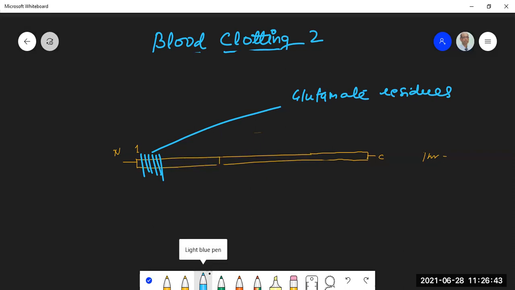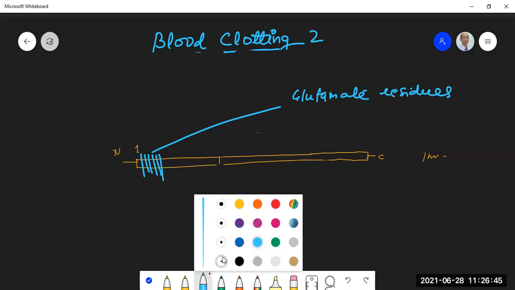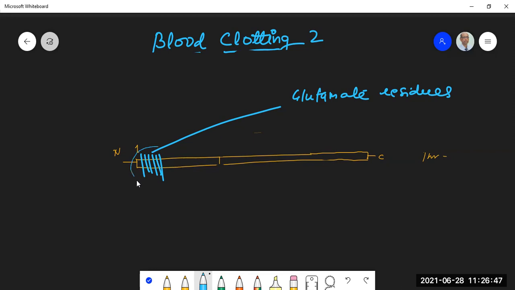Please understand where I am talking about. I am talking about they are there at the N terminus. 10 successive glutamate residues are there in the prothrombin. Okay. And this glutamate is converted, let me draw it for you.